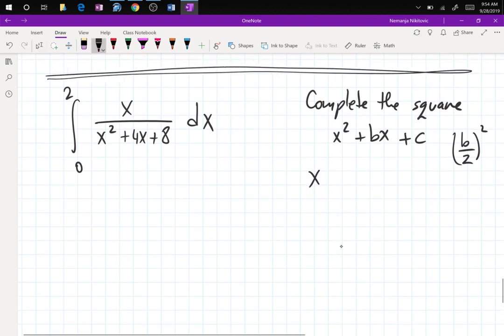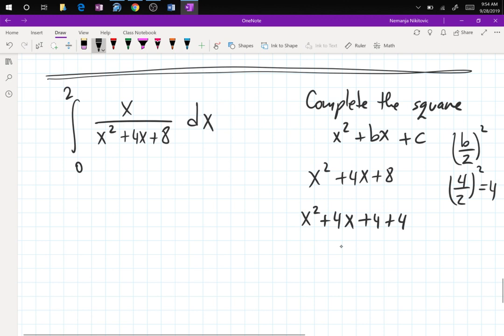So we have x squared plus 4x plus 8. So your b is 4, and 4 over 2 squared would be 4. So you can split the 8 into 4 plus 4, and then use the first 3 to complete the square. Square root of the first, sign of the second, square root of the third, and you still have the plus 4 left.